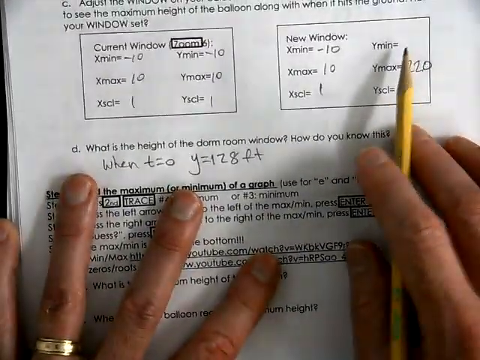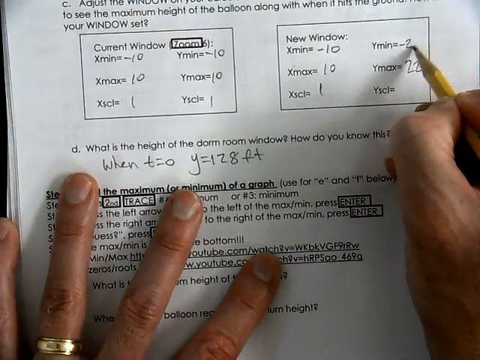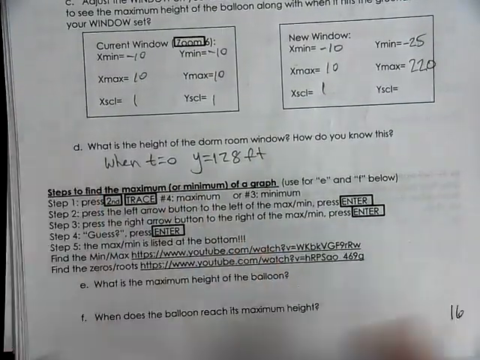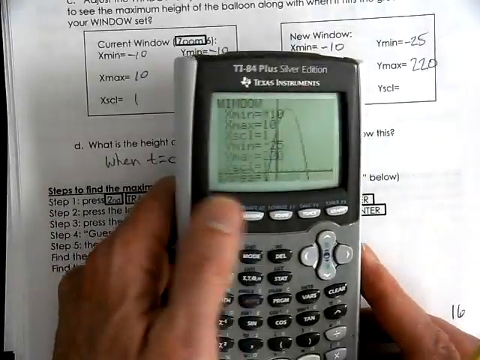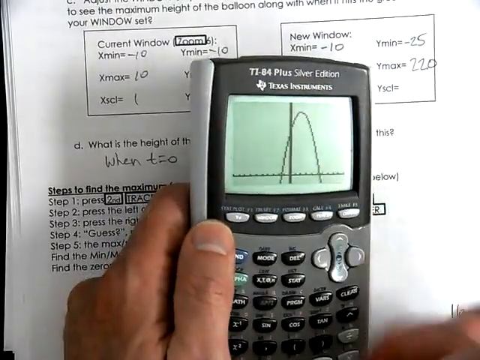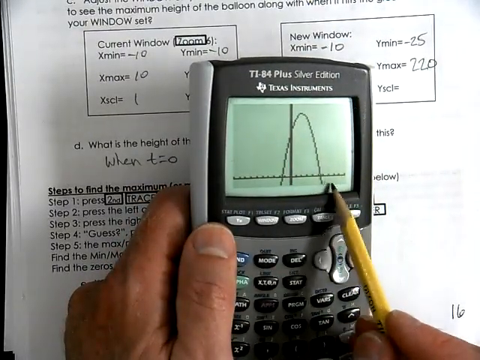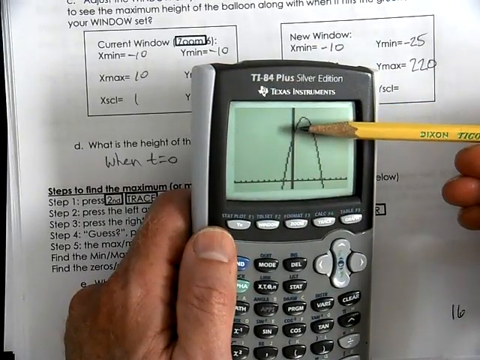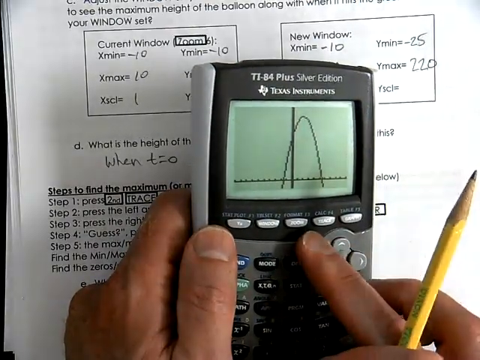So we changed our y minimum to negative 25. That gave us a better screen to be able to see writing underneath it. But you see how we have like an extra thick y-axis?